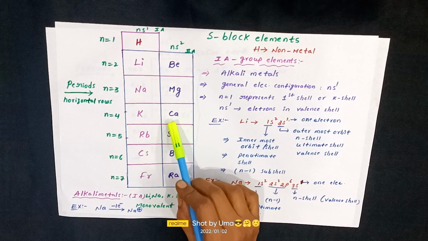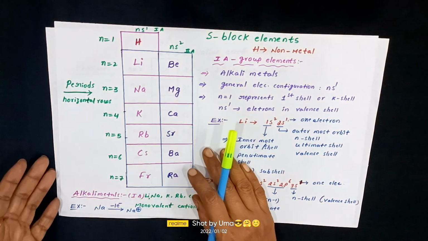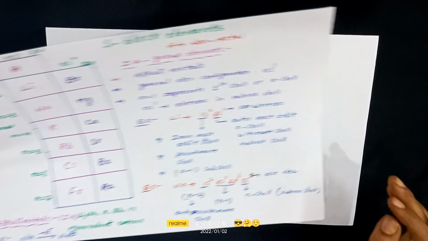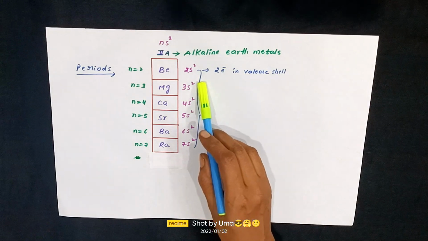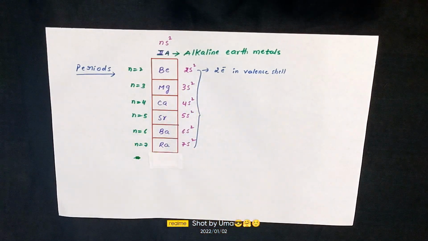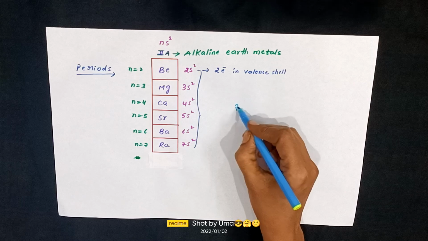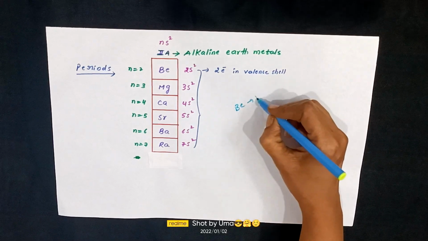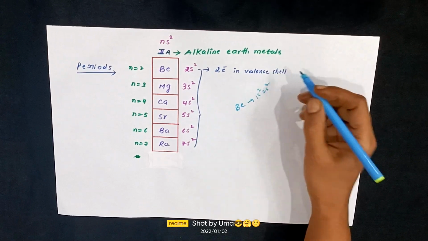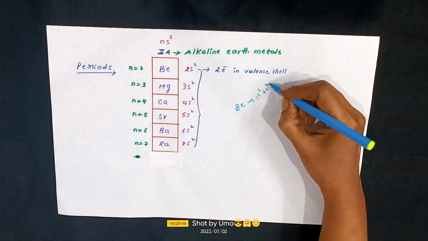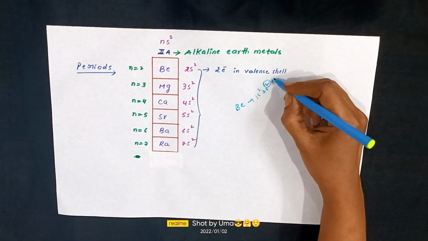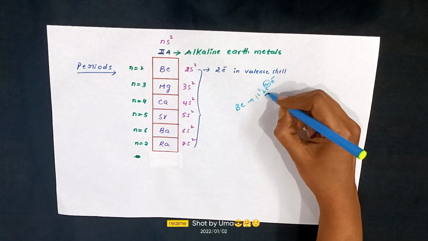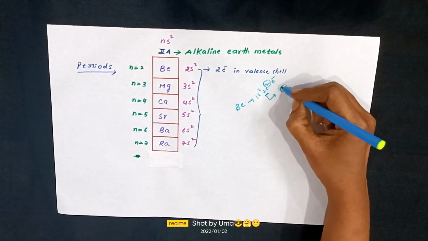When you write the electronic configuration for second A group elements, you will get 2 electrons in their valence shell. For beryllium, you will get 1s2 2s2 as the electronic configuration. That means only 2 electrons are present in the valence shell, which is here the second orbit.